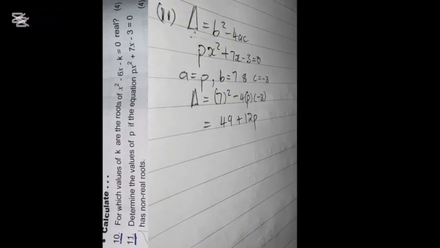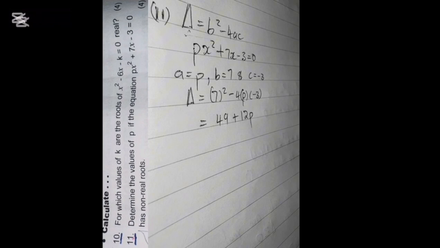So let's go to the next step, whereby we have to check the nature of the roots given in the question. Here we are given that the roots are non-real. And we know that when we have non-real roots, it implies that the discriminant is less than 0.